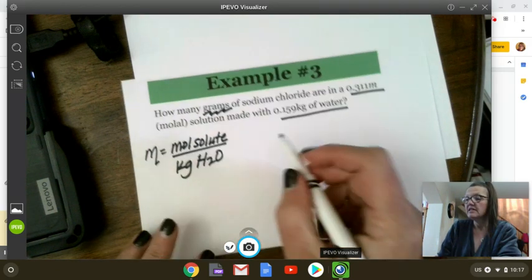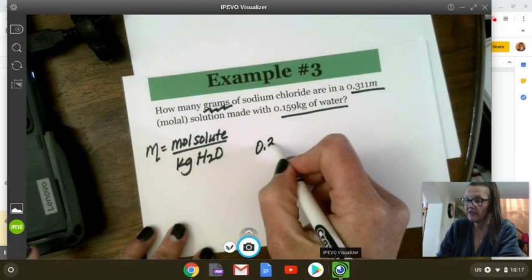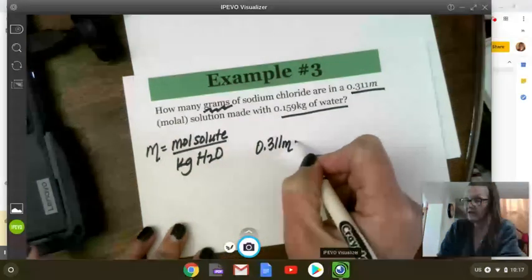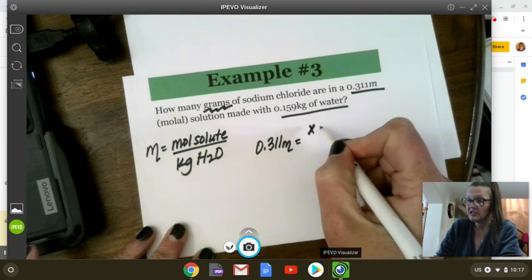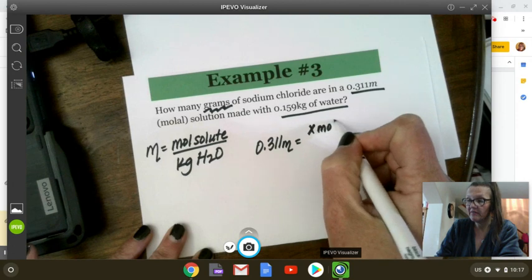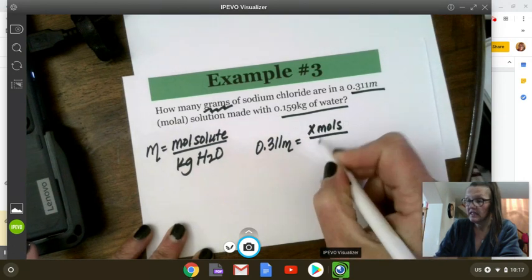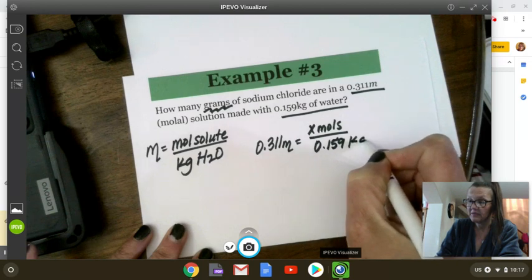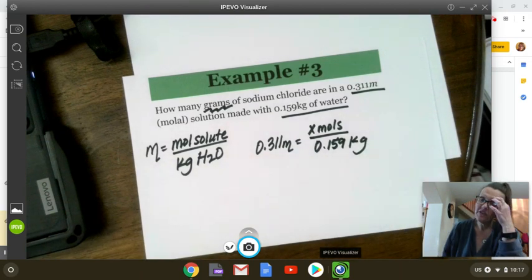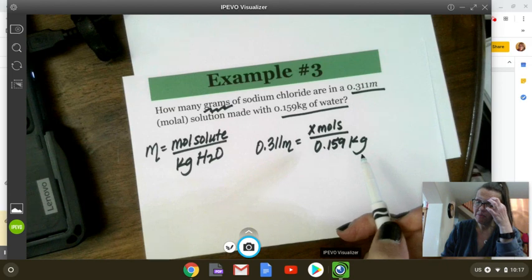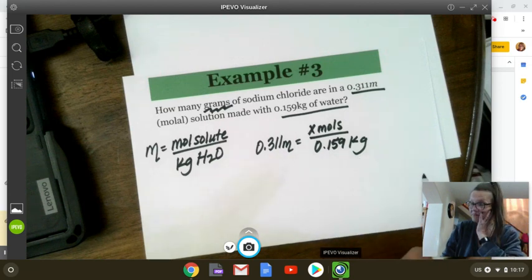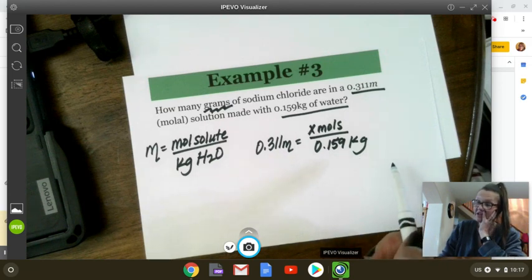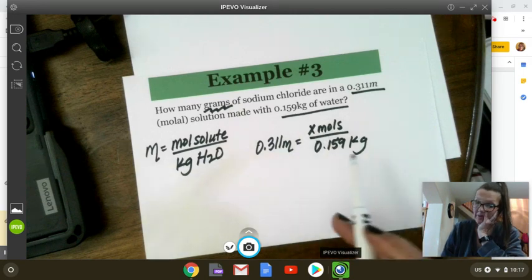Okay, so I'm going to plug in my numbers, my 0.311 molal, and I'm going to set that equal to X number of moles, because that's what I'm trying to solve for, divided by 0.159 kilograms. Again, remember that this is the minimum amount of work that you need to put on your paper to get full credit. Now, how do we solve for moles? So we want to get it alone, right?